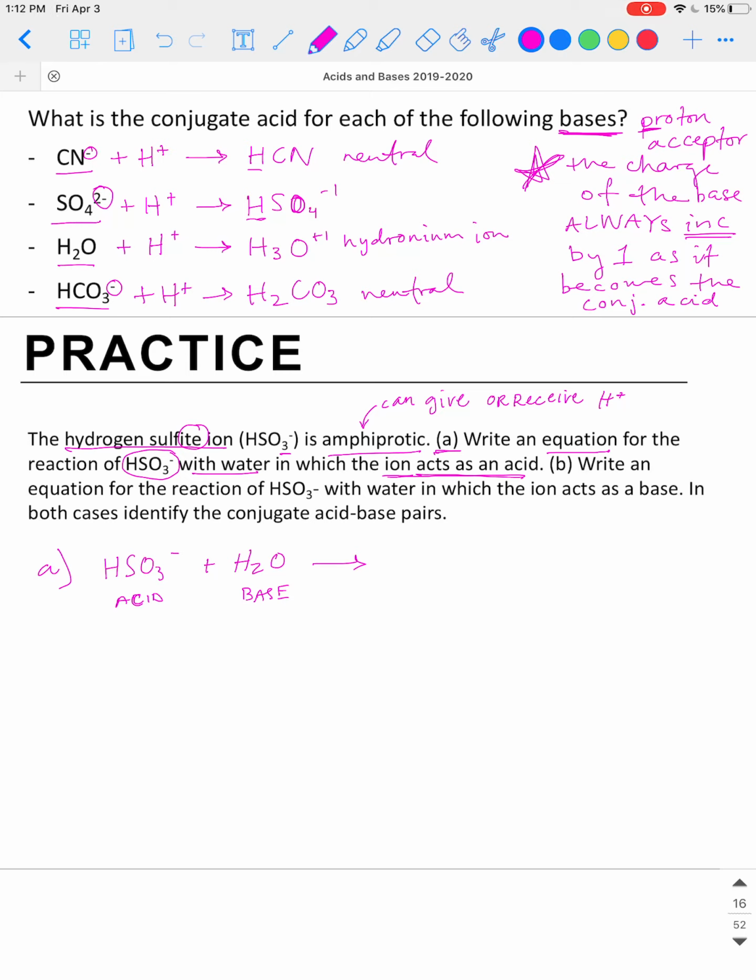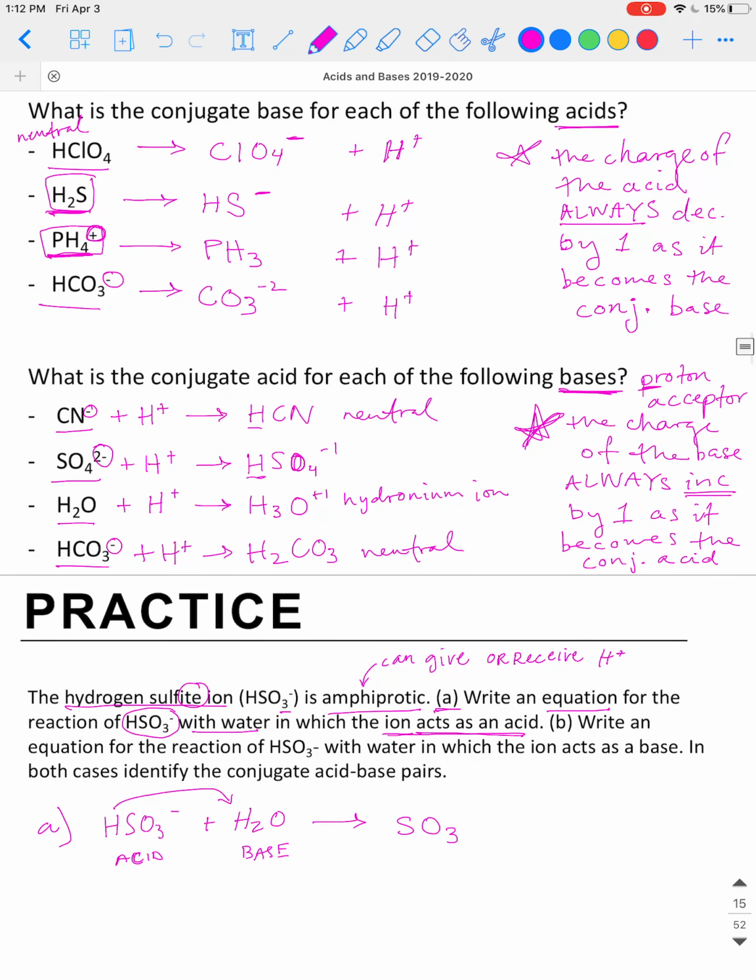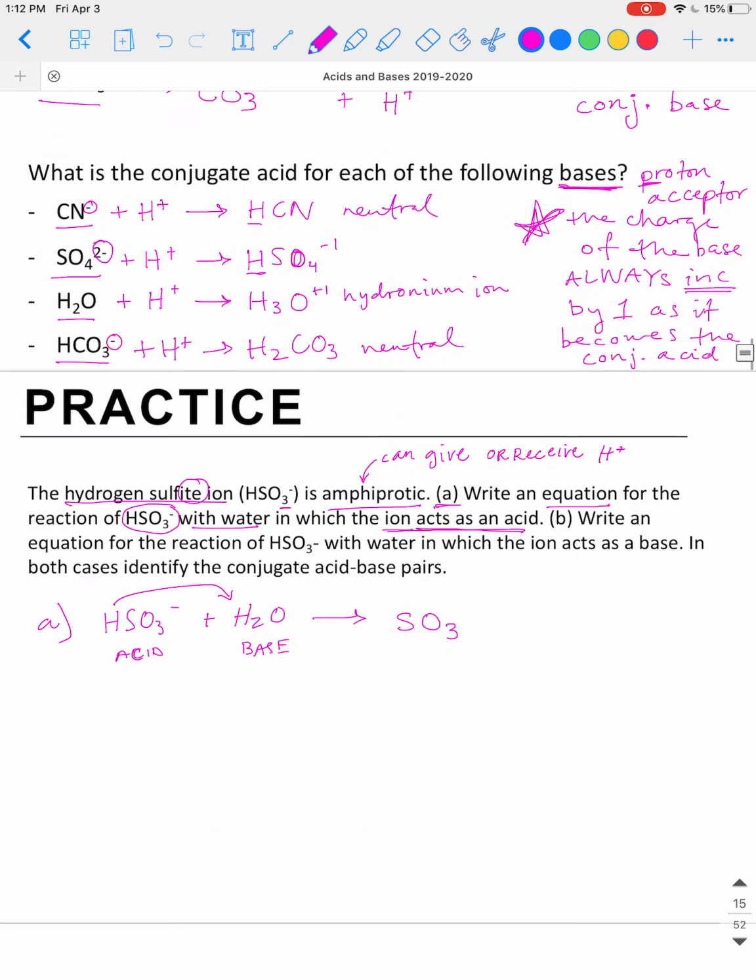And what are we going to form? Now I'm getting you into the phase where you're also going to be able to, in some cases, write your products if you know what your acid and your base are. If HSO3- is the acid, it's going to give away this hydrogen. The hydrogen is going to be given to water, and what's left over is SO3. Let's go back up and read our statement.